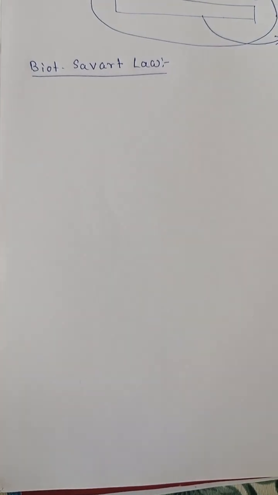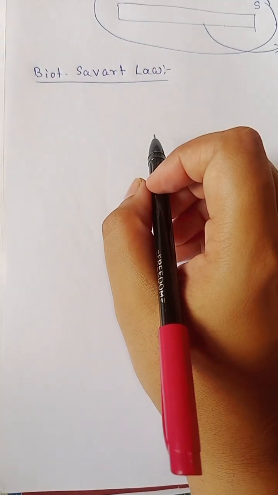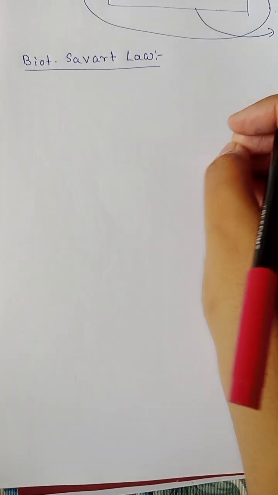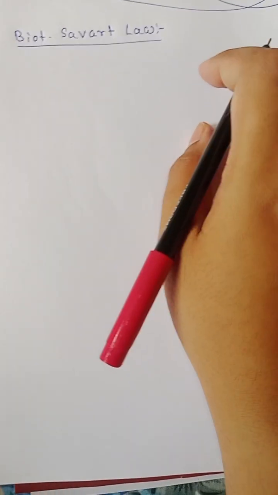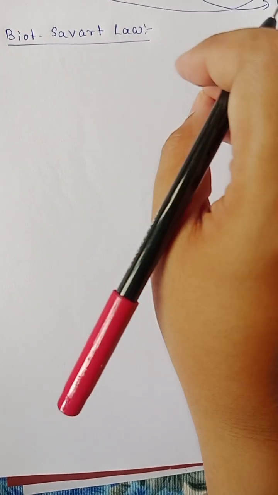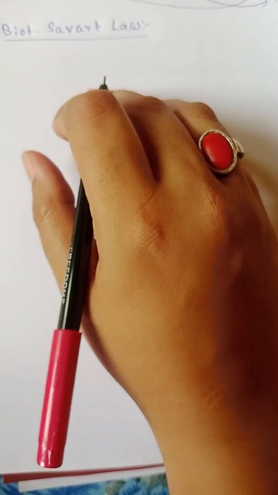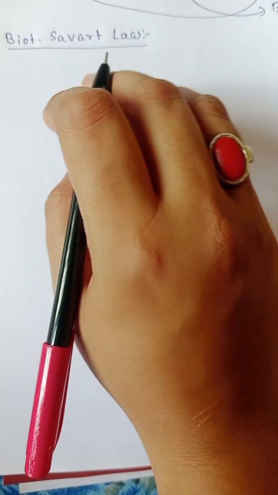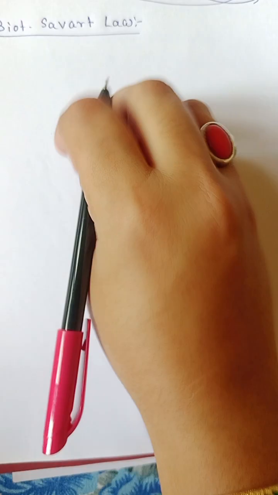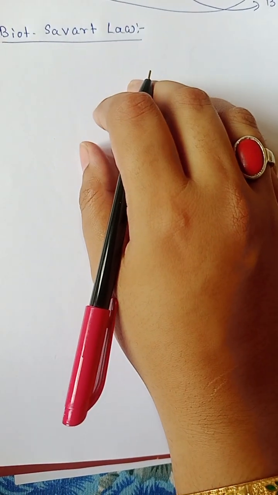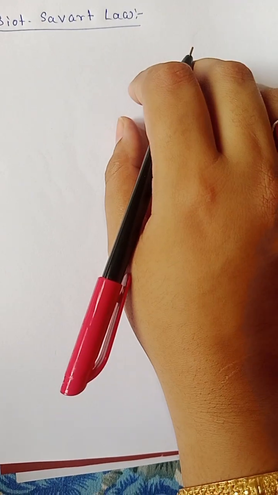Now we are going to calculate the magnetic fields for the various concepts. So before calculating the magnetic field, we first have to know about Biot Savart law. So what is Biot Savart law, beta? This law gives the magnetic field at a point due to a current element.